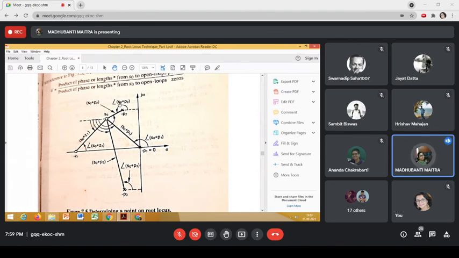So you can write the phasor in rectangular form, and if you just convert it into polar form using rectangular to polar conversion, you will simply get the phase angle.